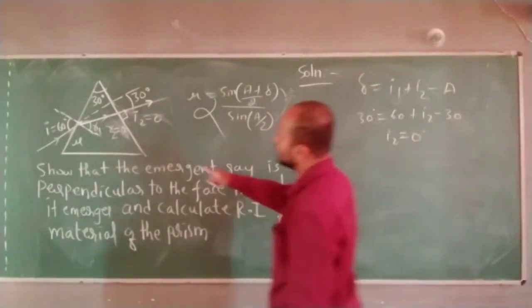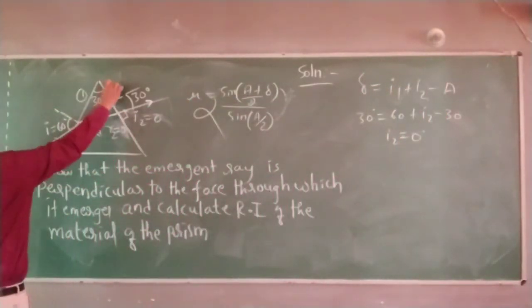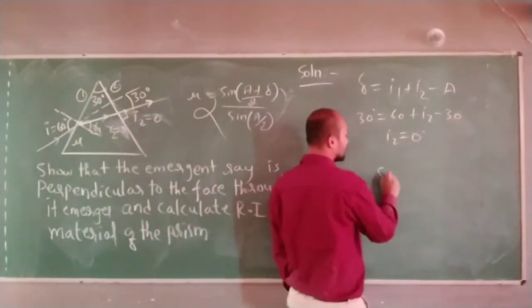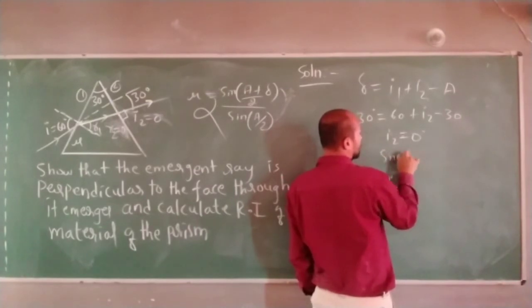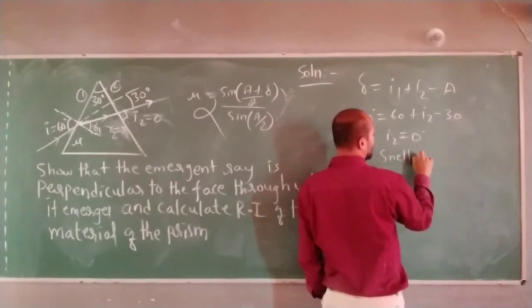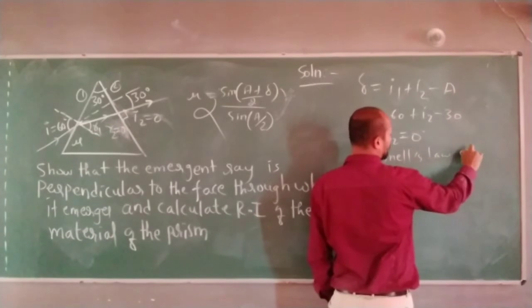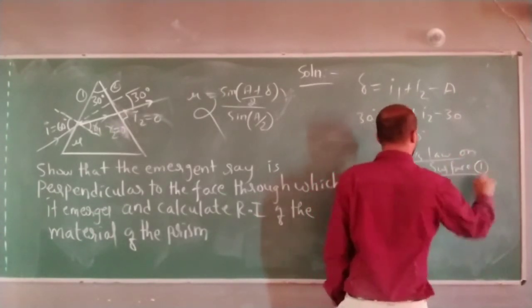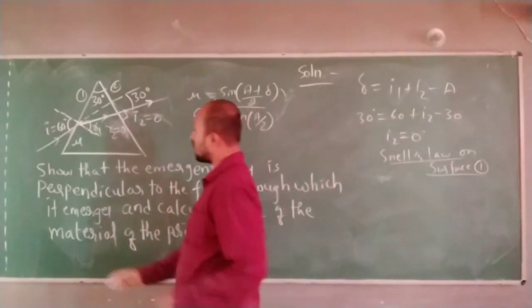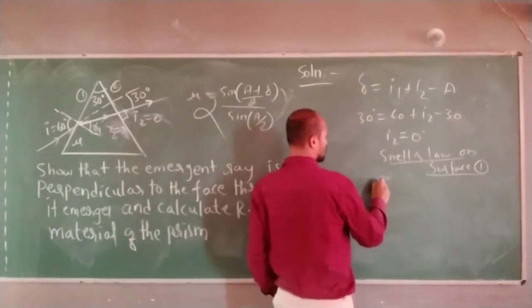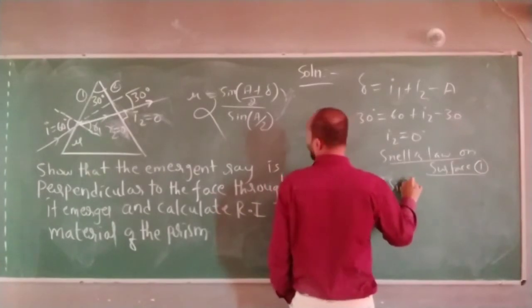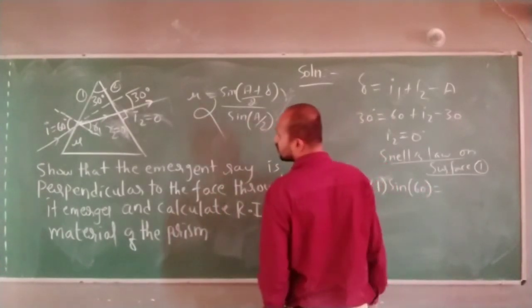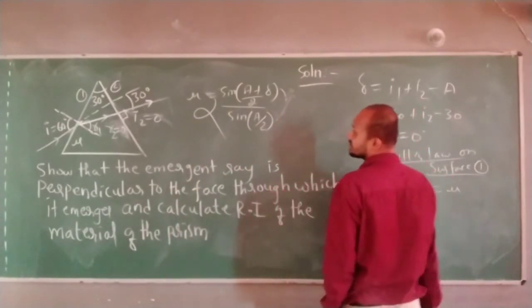So I will apply Snell's law on the first surface. If I take this as first surface, second surface, from Snell's law on surface 1, 1 into sin 60 is equal to mu into sin R1.